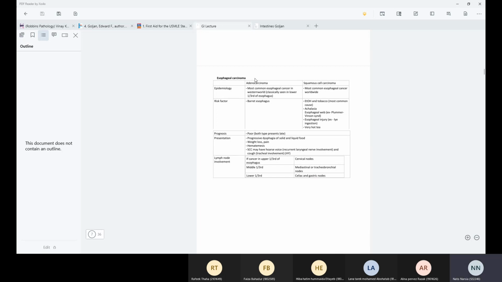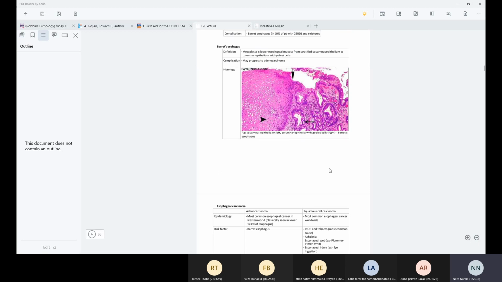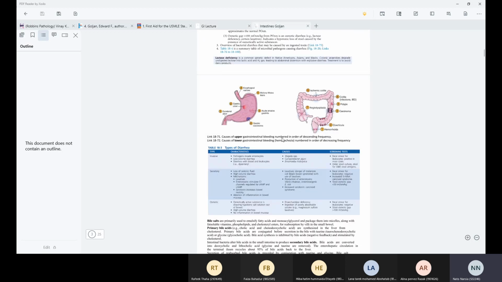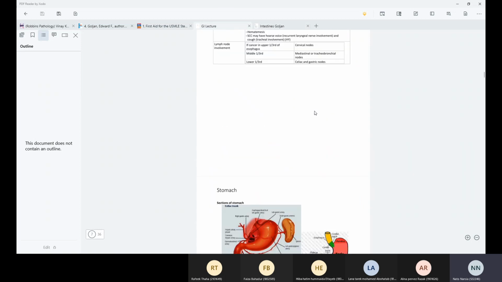Okay, what is common between them and what is different? Pay attention to these parts. So this picture I like actually from Goljan, in esophagus, what you find in different locations, what type of diseases you are expecting. Okay, this picture I like. But now it is not important.